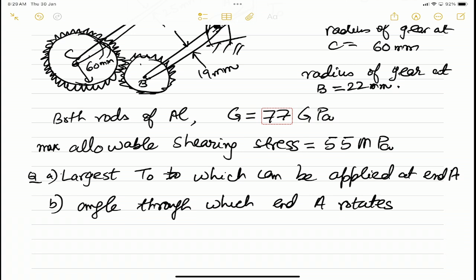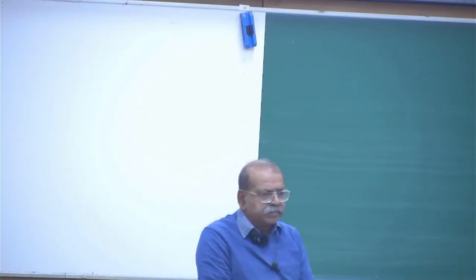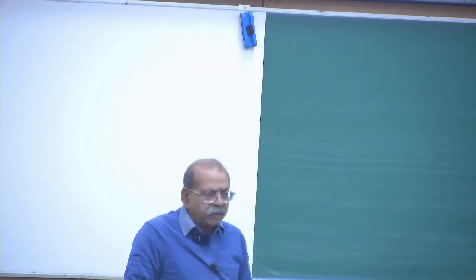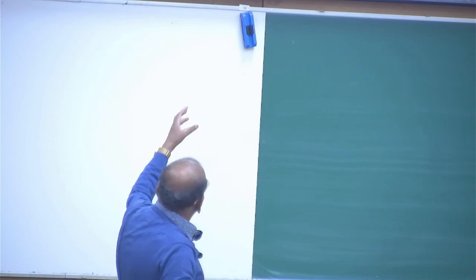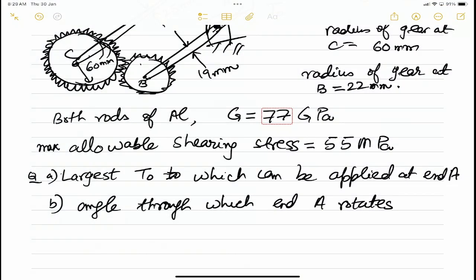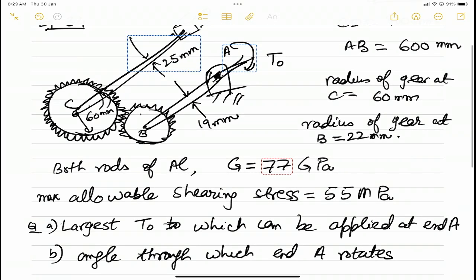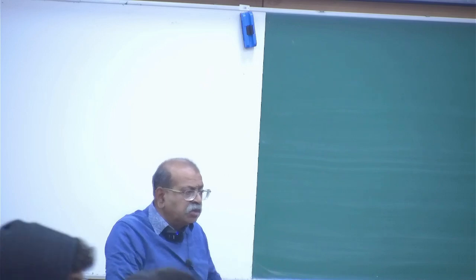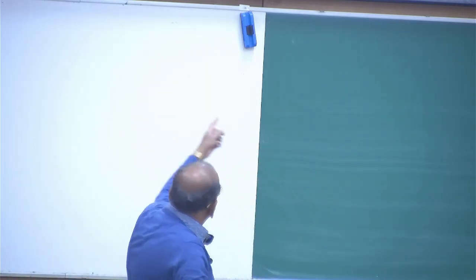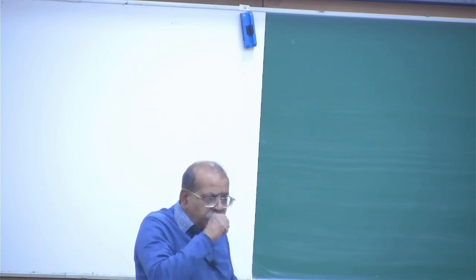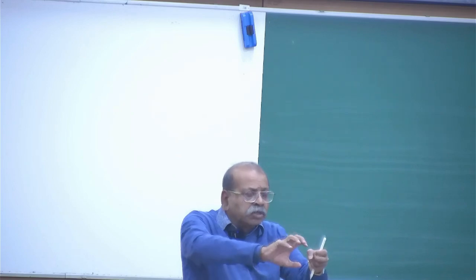So, let us read the question and try to understand what it is saying. Now when T0 is applied, it will cause a shear stress in the rod AB, because the gears are in contact.